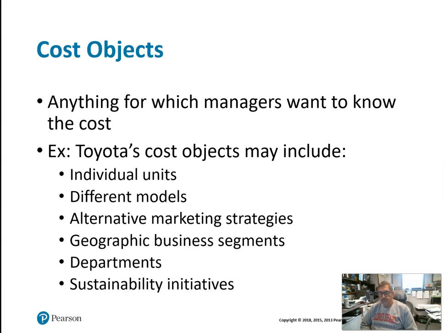How many skilled laborers do I need? How long does it take to move through? What automated tools and equipment do I need? What is the cost of the process from beginning to end? That is going to help me understand how I need to price this car in the marketplace in order to earn the markup that I need to make my business profitable, right?